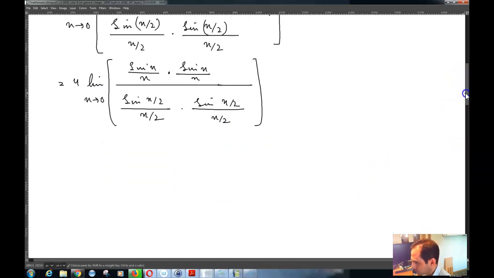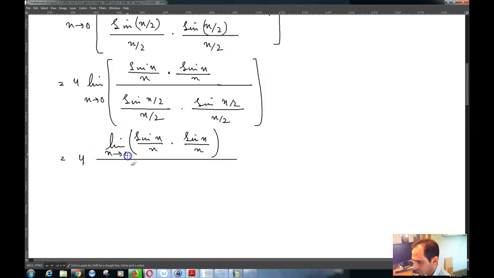And then I can write this as 4 times basically the limit of sine x by x times sine x by x as x tends to 0 over the limit of sine x divided by 2 over x divided by 2 times sine x divided by 2 over x divided by 2 as x tends to 0.